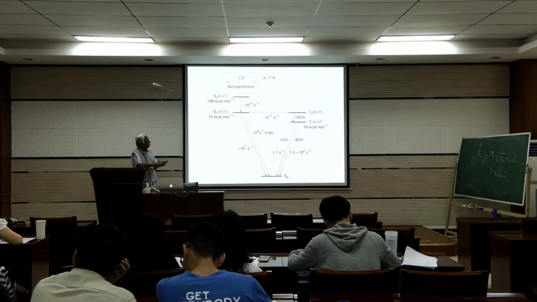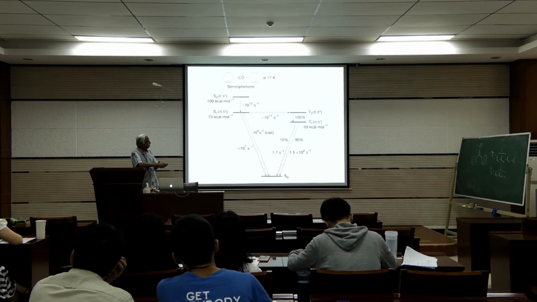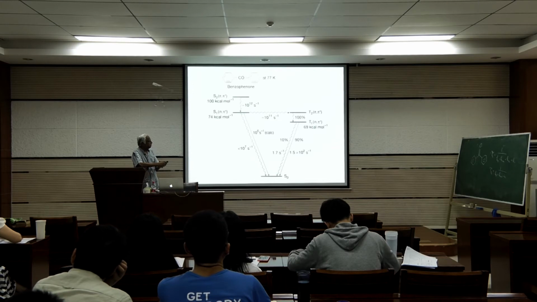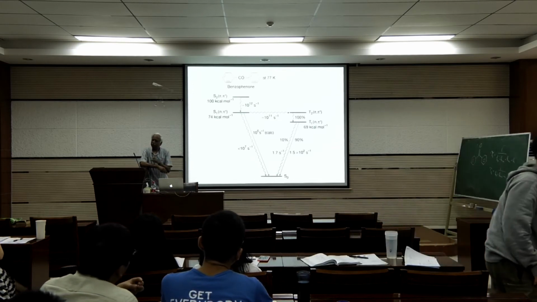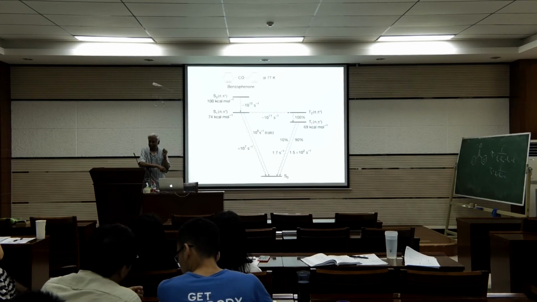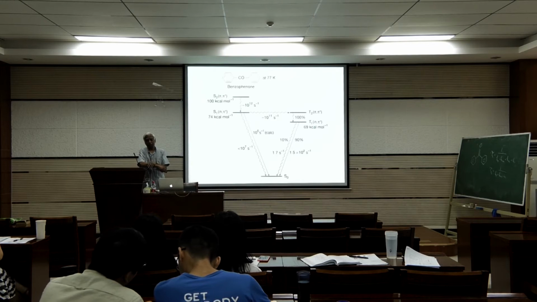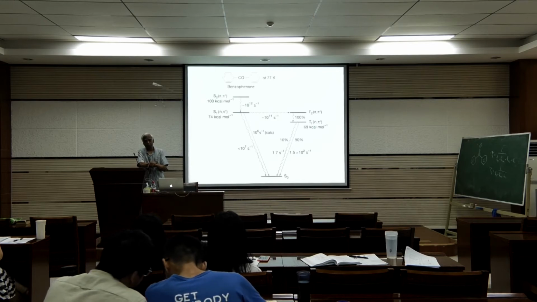Now, you look at all these numbers, the number for the internal conversion and then the fluorescence, intersystem crossing. I do not know whether you remember the numbers from the last slide. In this compound, what is the biggest difference between the last compound and this compound?